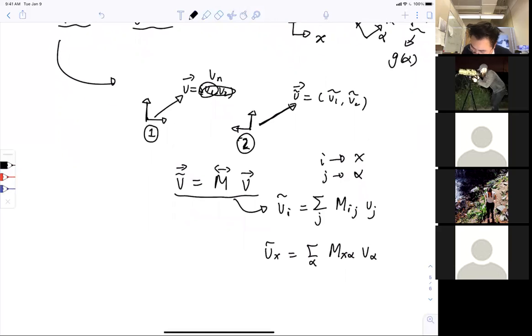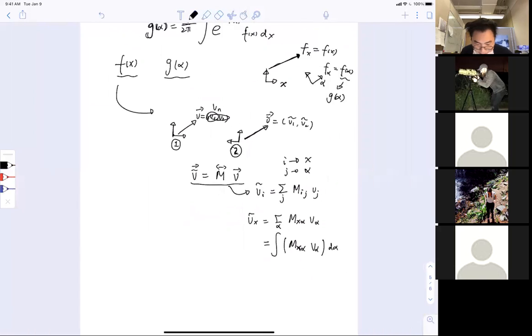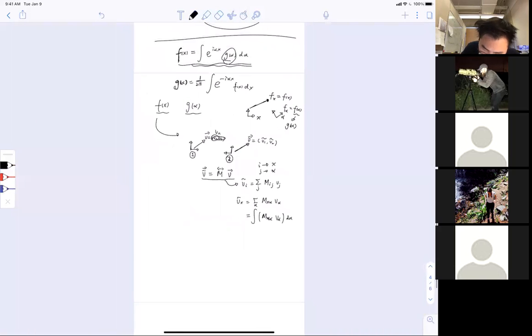In this case, if alpha is a continuous variable, this becomes an integral d alpha, the kernel of x and alpha, times v of alpha. So you can say this guy.